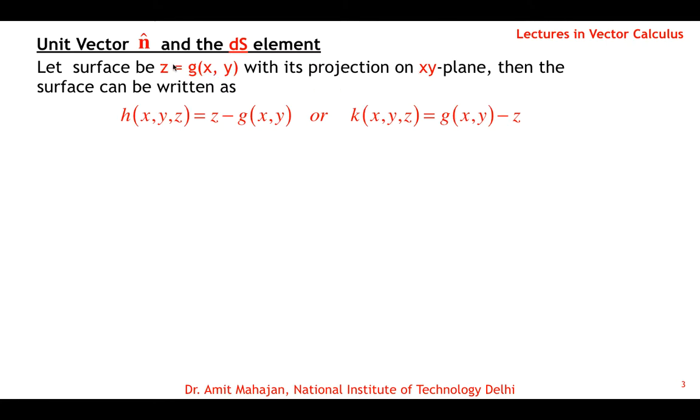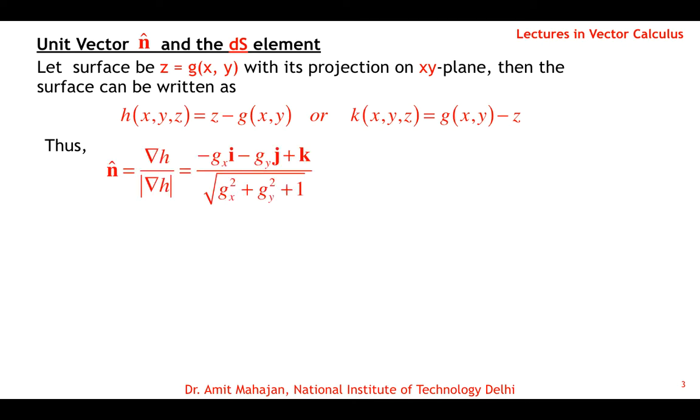This surface can be written in either of two forms: as z minus g(x,y), or as g(x,y) minus z. If I calculate a normal to the surface, we know that the gradient of a function is always normal to the surface. So the unit normal is the gradient of the surface divided by its absolute value.